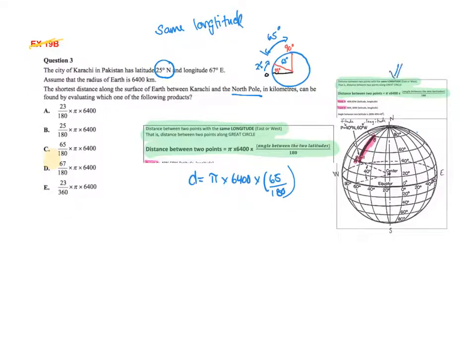I've found the one that says the same longitude, and off I go. Distance between 2 points on the same longitude is pi times 6,400 times the distance between the two latitudes. Well, Pakistan has 25 degrees north and the North Pole has 90 degrees north latitude. All right, so there's the difference.